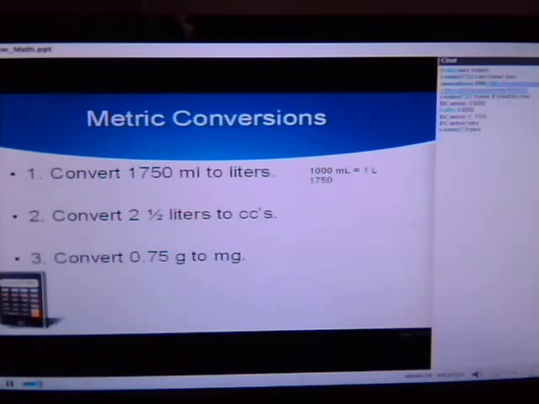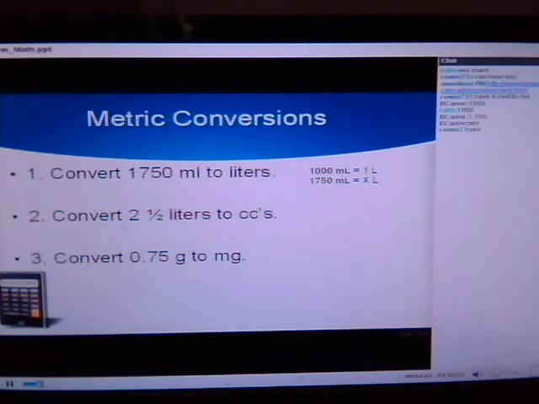Okay, good. So this is the way I do it. I'm going to write it here for the benefit of those who might be watching the recording. If we know that 1,000 milliliters is 1 liter, then we know that 1,750 milliliters equals X. This is the way I learned it, it works for me.